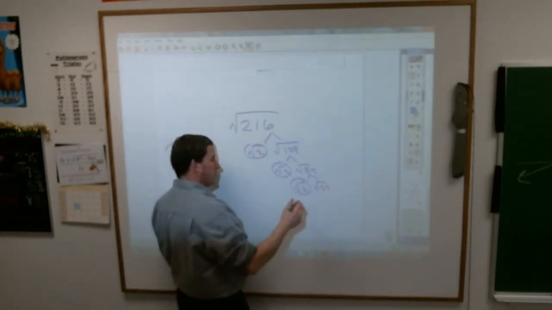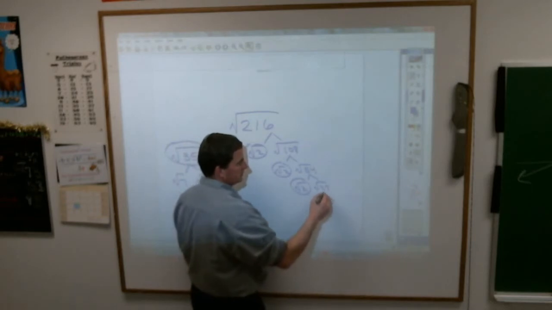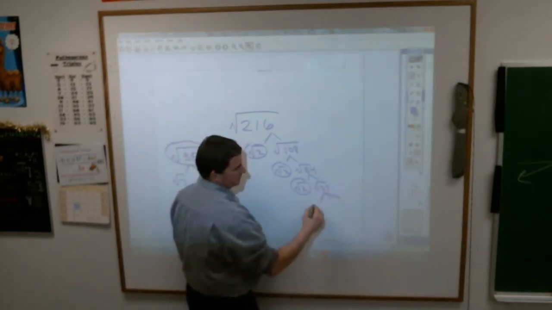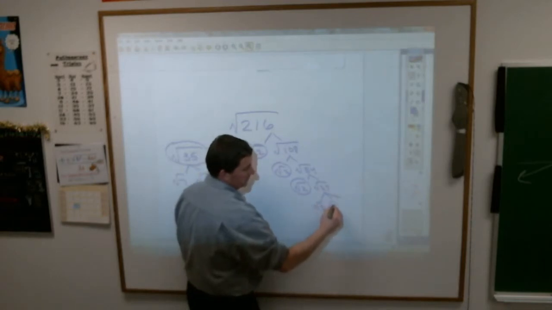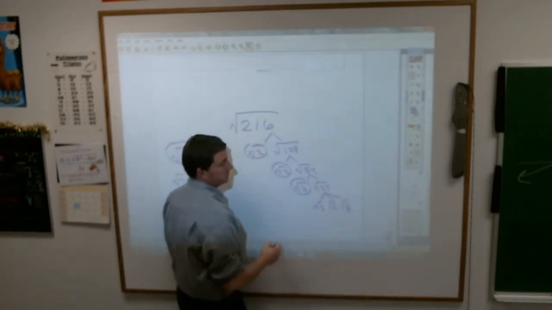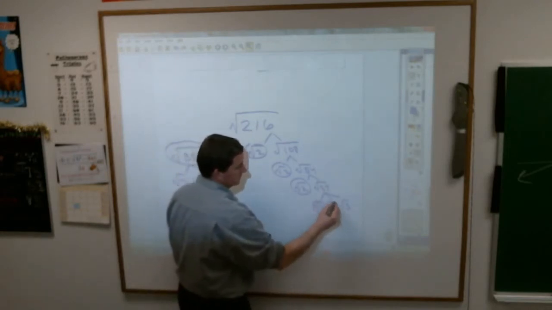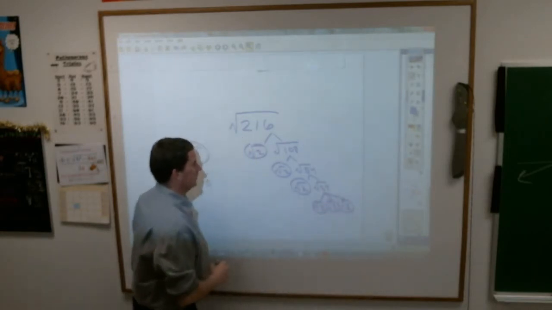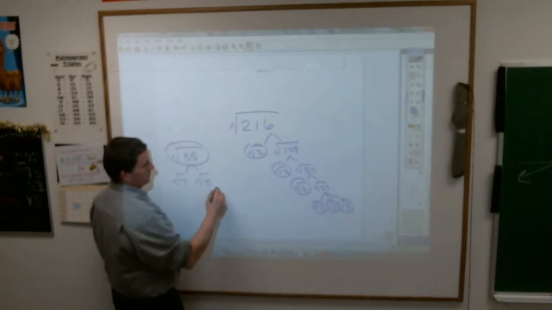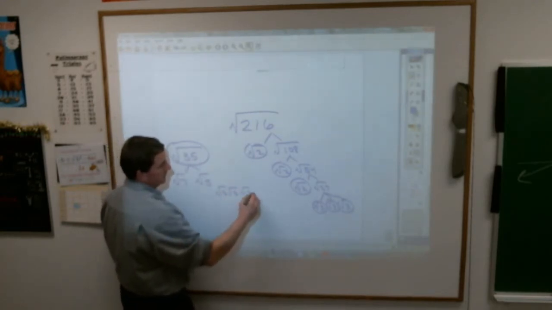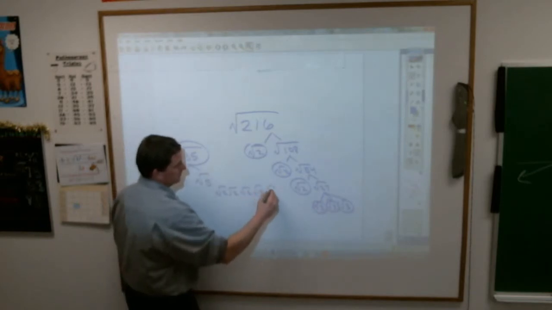Square root of 27 is what? Anybody? I don't mind if you take this shortcut. You know 3 times 3 times 3 is 27. So you can just say square root of 3, square root of 3, square root of 3. All of those are prime numbers. So when I rewrite that, I end up with 3 square roots of 2 and 3 square roots of 3.